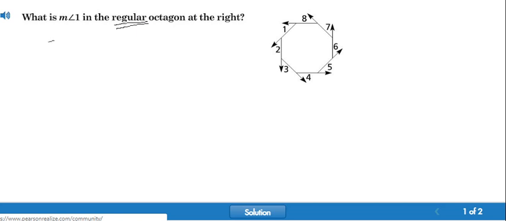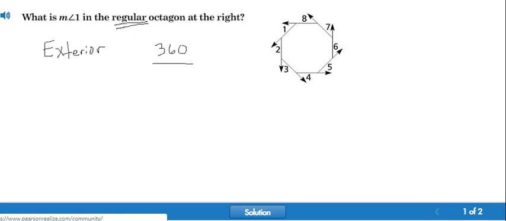So we know that exterior angles all add up to 360 degrees. So when I take these 8 angles and add them all together, they're going to equal 360. Well, we know that since it is a regular octagon, each of these angles are all going to be the same.